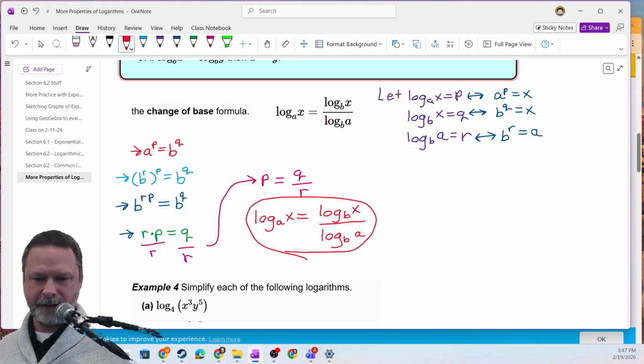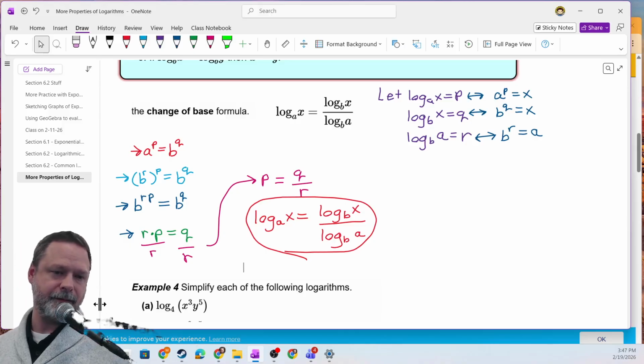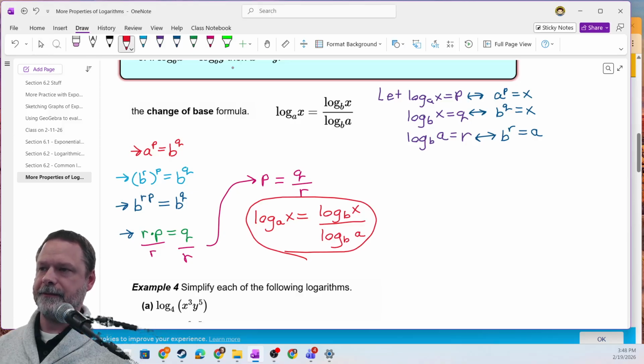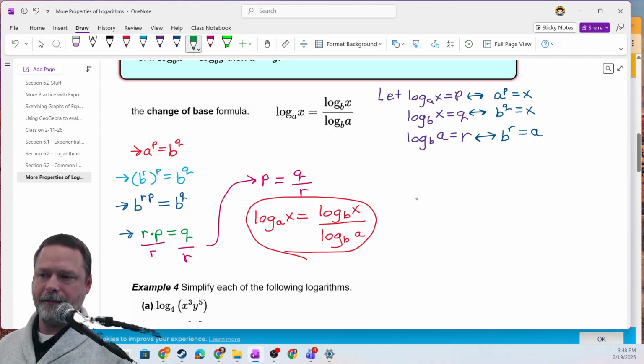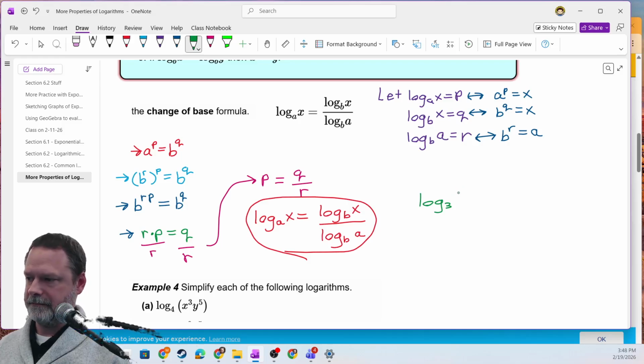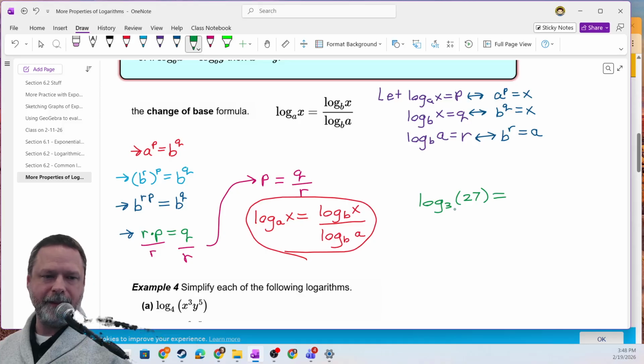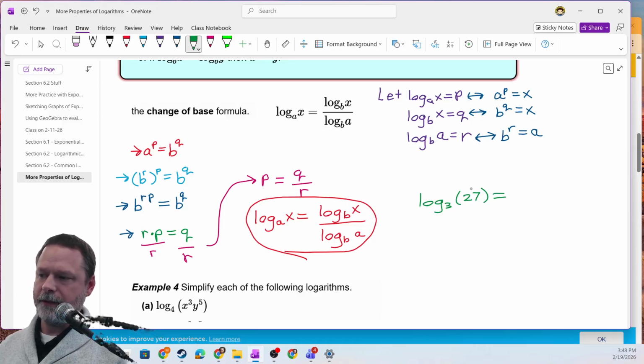Since we did the proof here, and that was fairly quick, we got 5.5 minutes, let's do an example just for funsies. We'll do one we know. We'll use a calculator. Log base 3 of 27. That's an easy one. We know 3 cubed is 27, so we know this should equal 3.